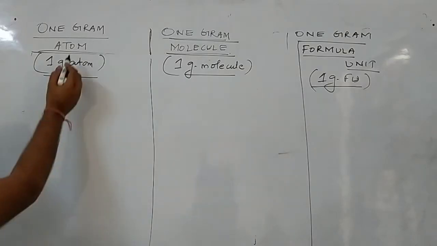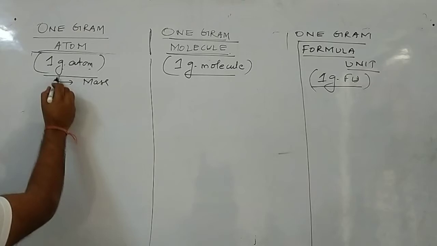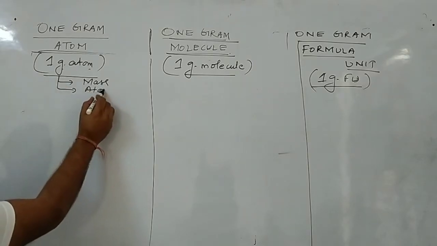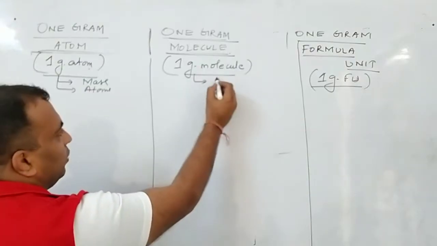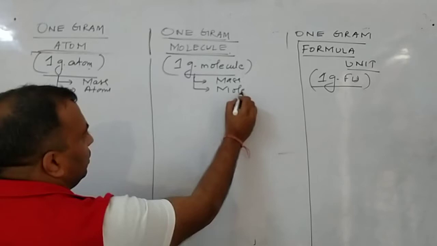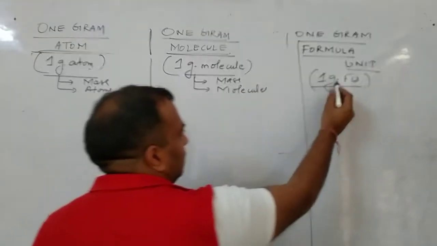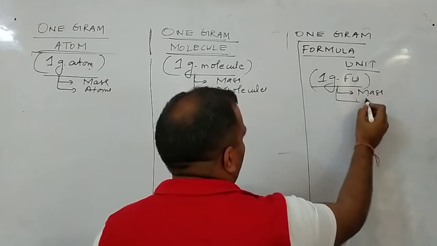See all the terms. Gram and atom: this gives us the relation between the mass and the atoms. Same here, gram and molecule: this term will give us the relation between mass and molecules. Similarly, this term will give us the relation between mass and formula units.